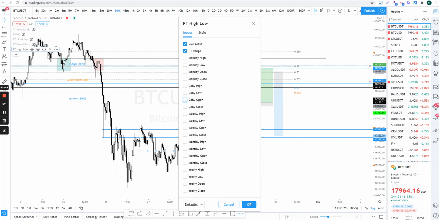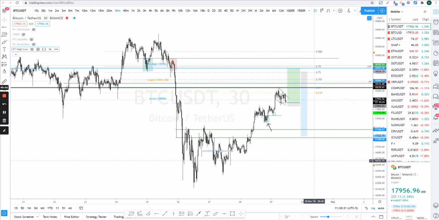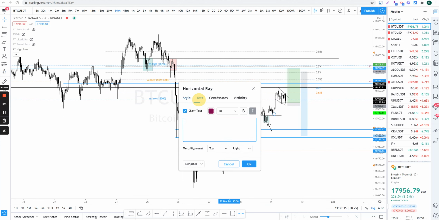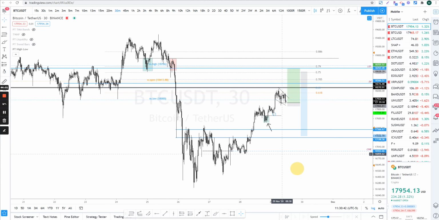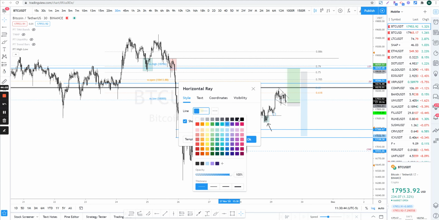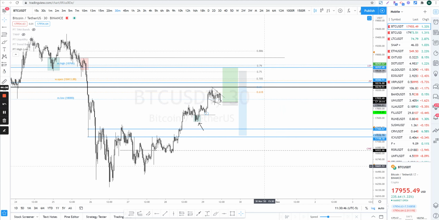So we have a CME gap down here. This is just CME. It's just CME down here. So more likely than not, if all goes well, and then go up, you know?